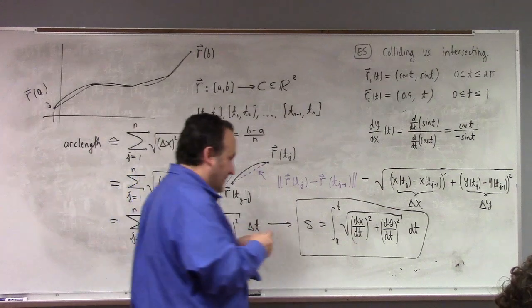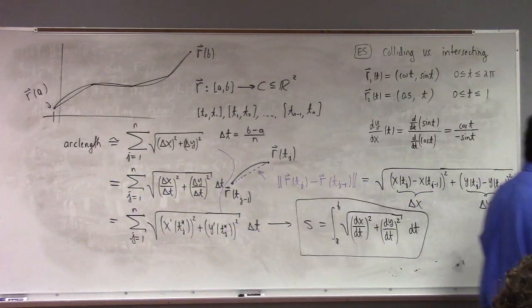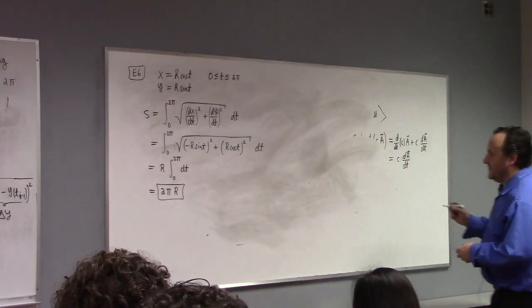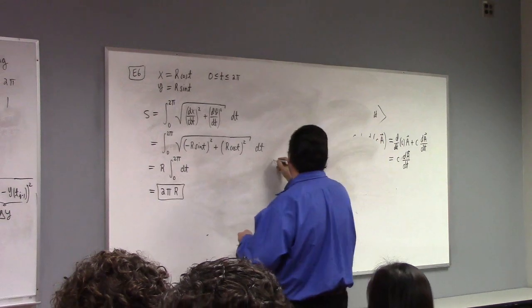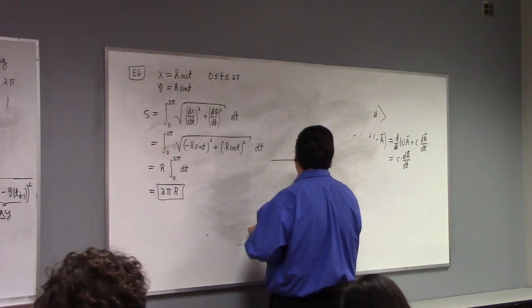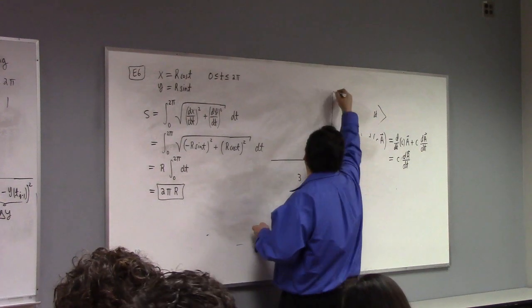So one example to end with today. Suppose you take this path, right? Let's say 3 this way, 4 that way.